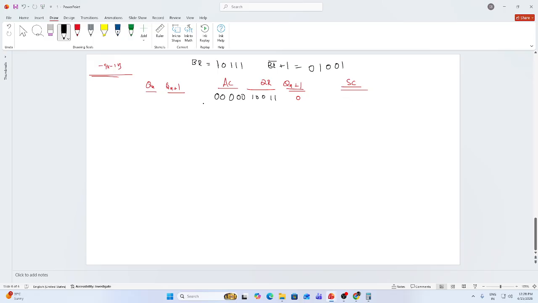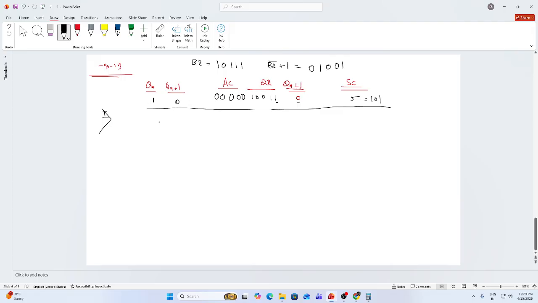Now let us start the first iteration. The sequence counter is initialized with 5, which is 1 0 1. In the first iteration, just monitor Qn and Qn plus 1. This bit is 1, this bit is 0, so the operation is 1 0.